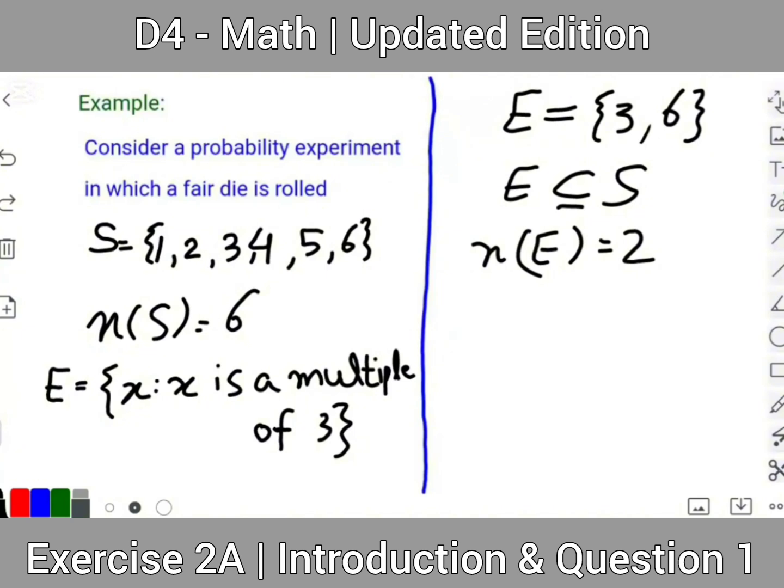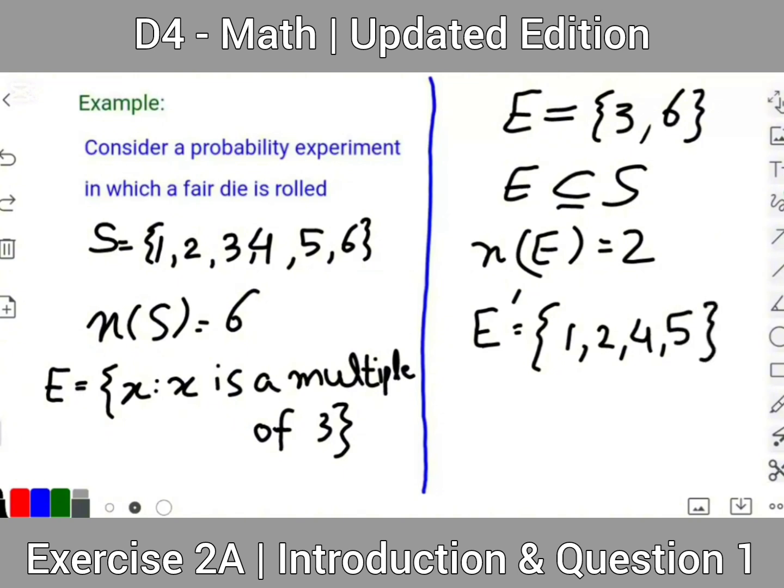Now the set E prime, the complement of the event, will be like this: 1, 2, 4, and 5.